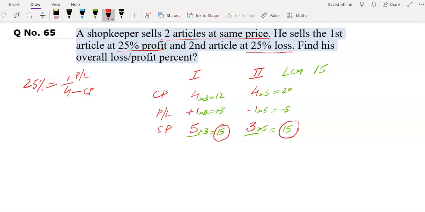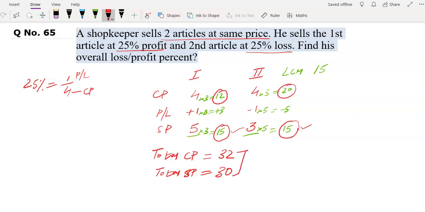Now find his overall loss or profit percent. So our total CP will be how much? Total CP will be 12 plus 20, which is 32, and our total SP is 15 plus 15, 30.